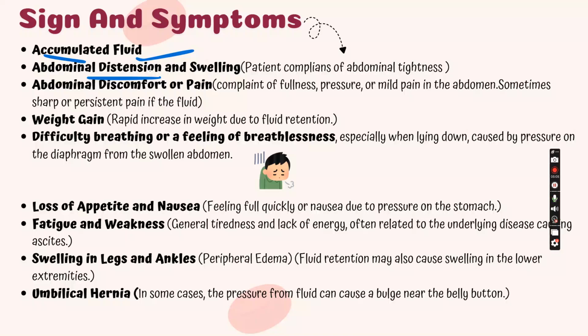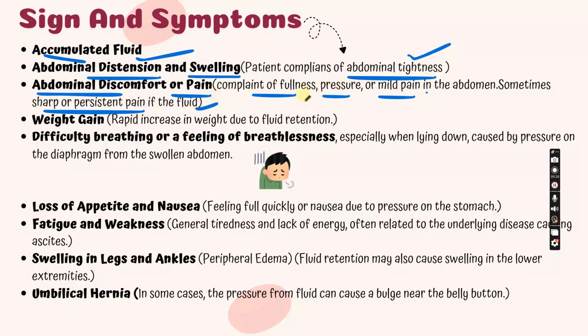So here abdominal distension would be seen. There will be obvious swelling. The patient complains of abdominal tightness. These are the common complaints by the patient. Then we can see abdominal discomfort or pain, that is, a complaint of fullness, pressure, mild pain in the abdomen, sometimes sharp or persistent pain if the fluid is present.